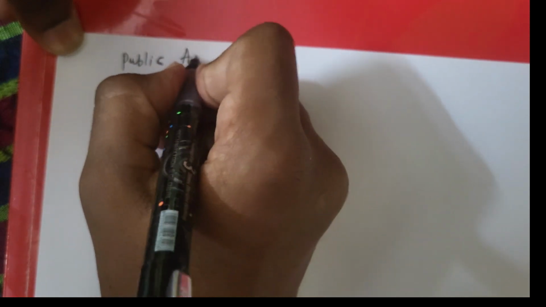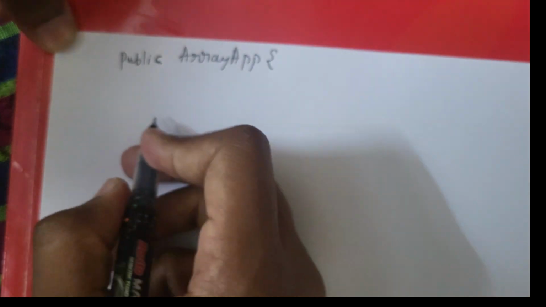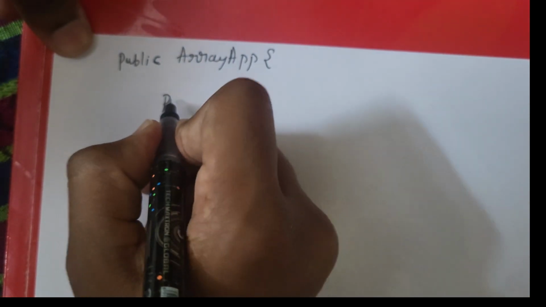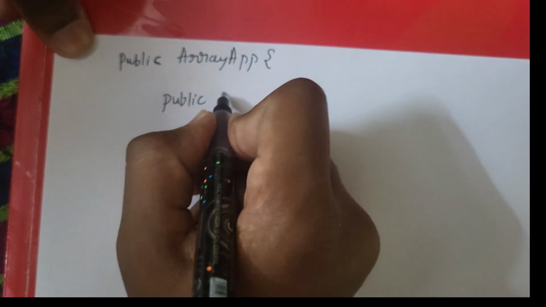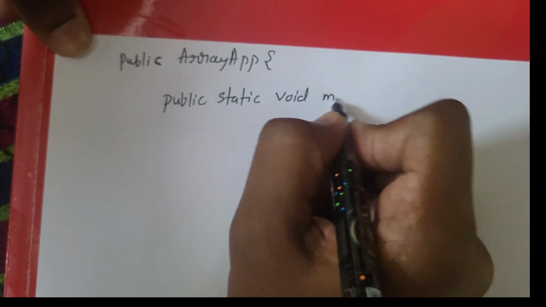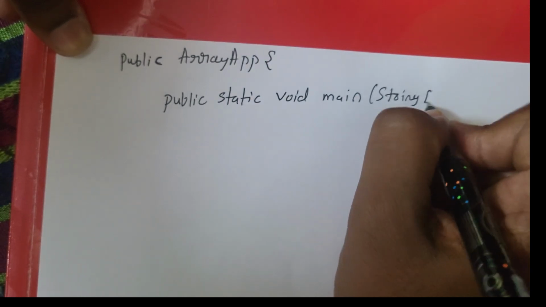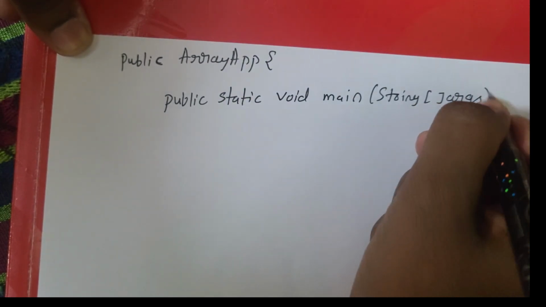I would take the name as public class ArrayApp. In that main method I would write public static void main, String of arguments.